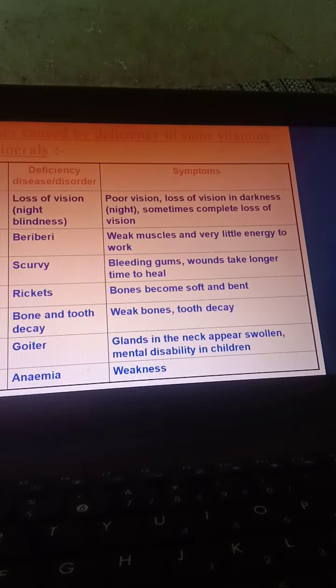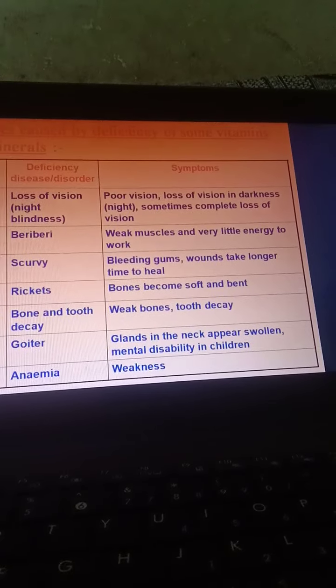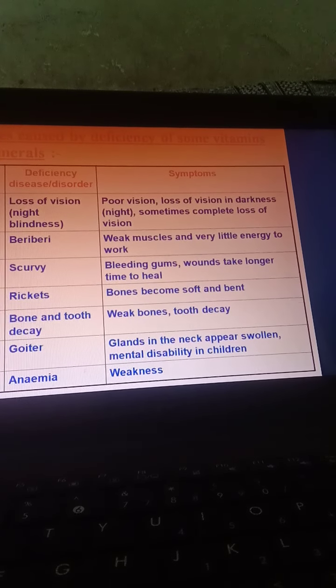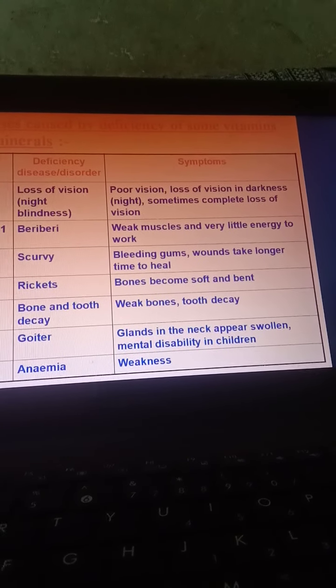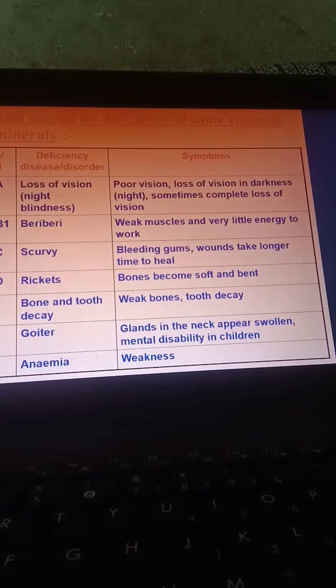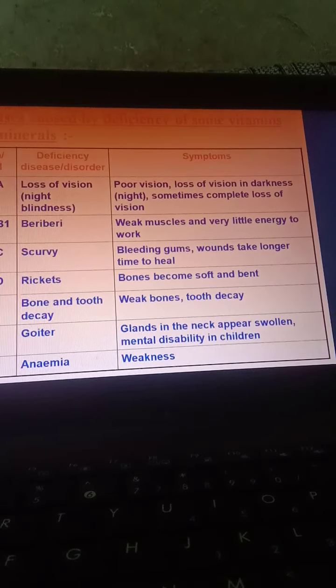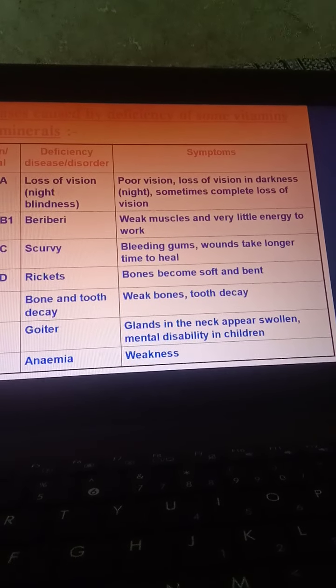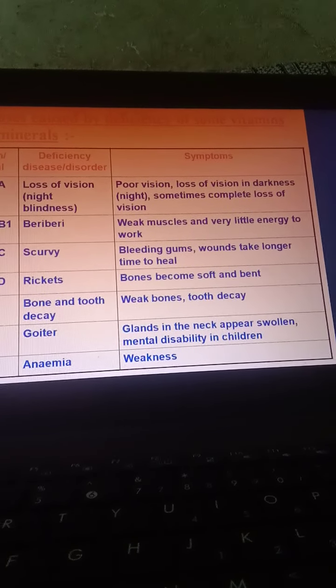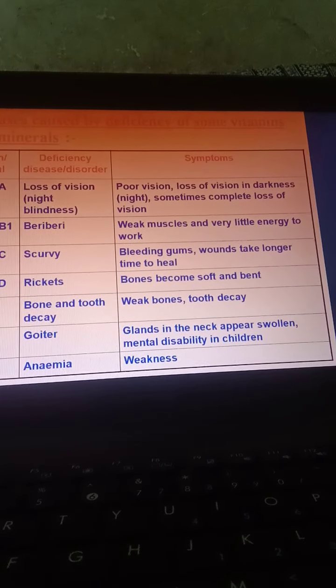The person has poor vision. A person cannot see at night. That is the effect of deficiency of vitamin A. Vitamin B1, beriberi disease, weak muscles and very little energy to work. It means the person becomes very weak if he is not getting vitamin B.